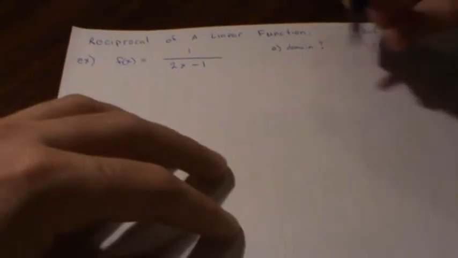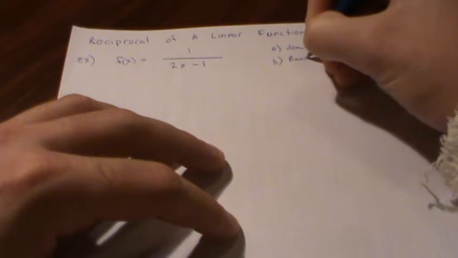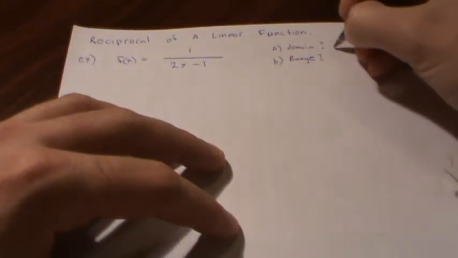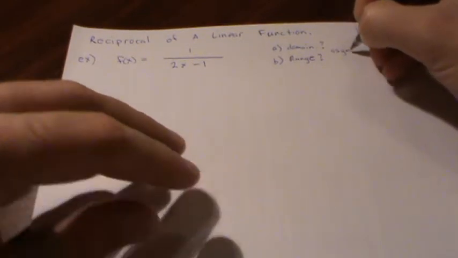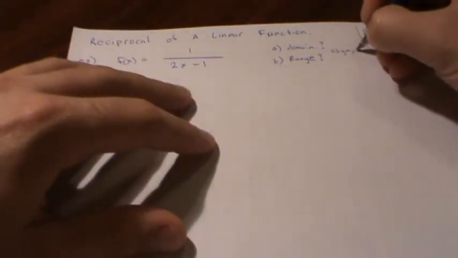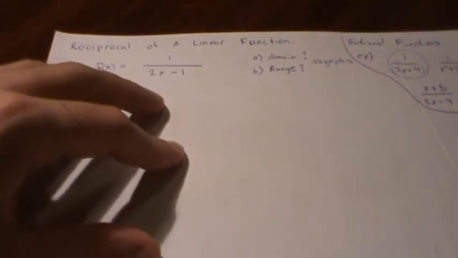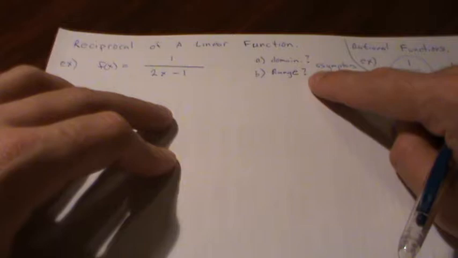Sorry about that. Okay, so we're going to discuss what is the domain, what is the range, and we'll discover that the asymptotes actually have a large say in what the domain and the range are.